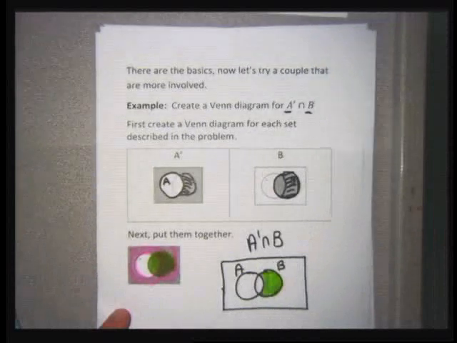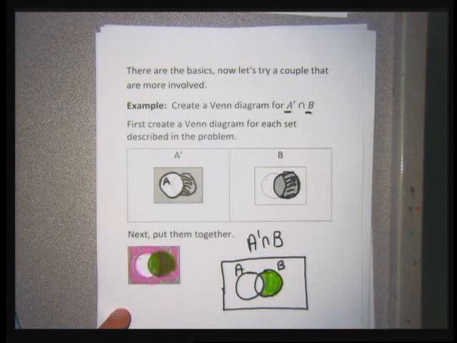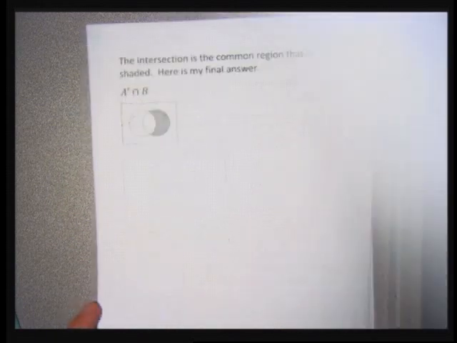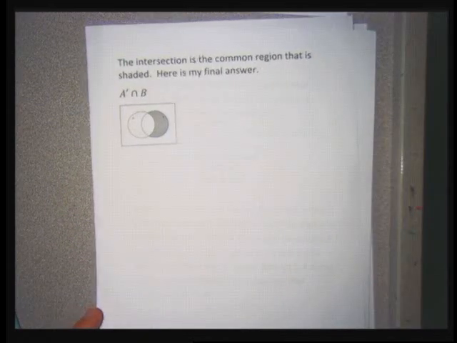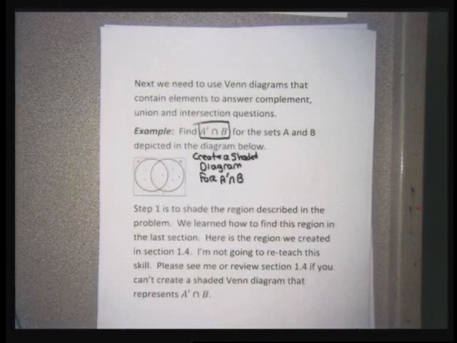This is directly from my video in section 1.5. One of the examples that I did is I found a Venn diagram for A prime intersection B. What I'd like to do is just steal the answer. The answer to what A prime intersection B is, is that region right there. I'm going to go ahead and create it just in case you haven't looked at this for a few days.